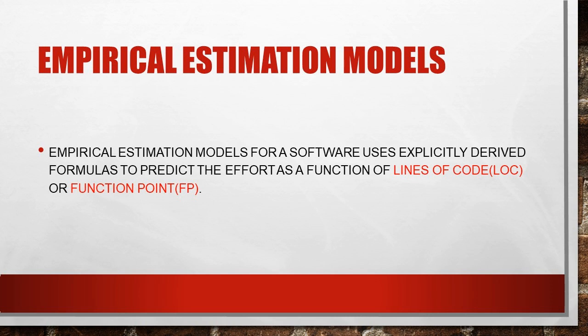So these two are the major parts when we do empirical estimation models: line of code and function point. Let us discuss in detail line of code and function point before moving to the detailed learning of these empirical estimation models.